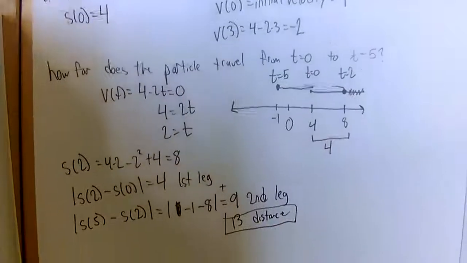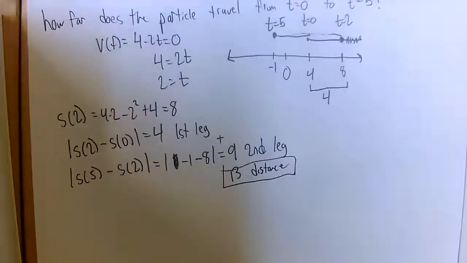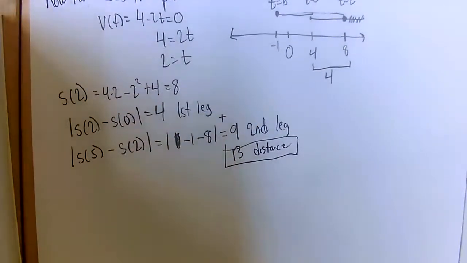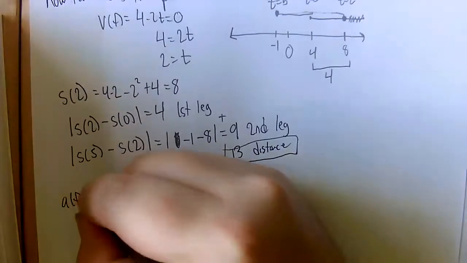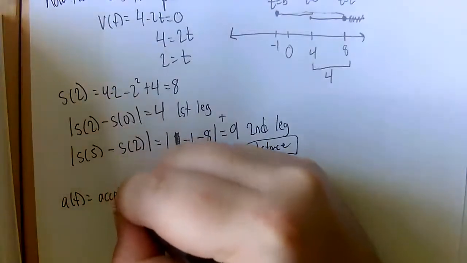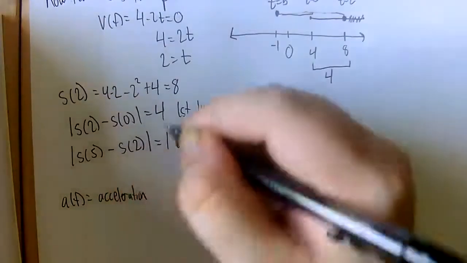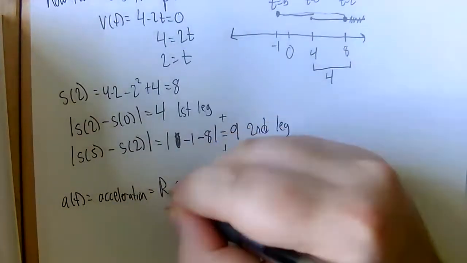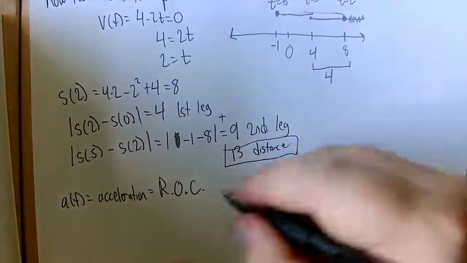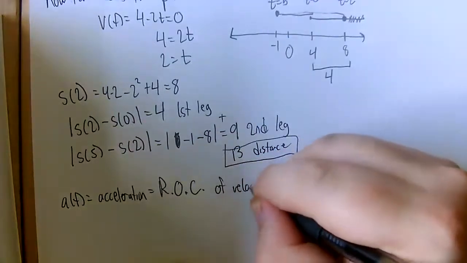So it seems like our velocity is changing as well. So perhaps we may want to know what the rate of change of our velocity is. And there's a term for that. That's going to be a of t, which is acceleration, or the rate of change, often abbreviated as ROC, of velocity.